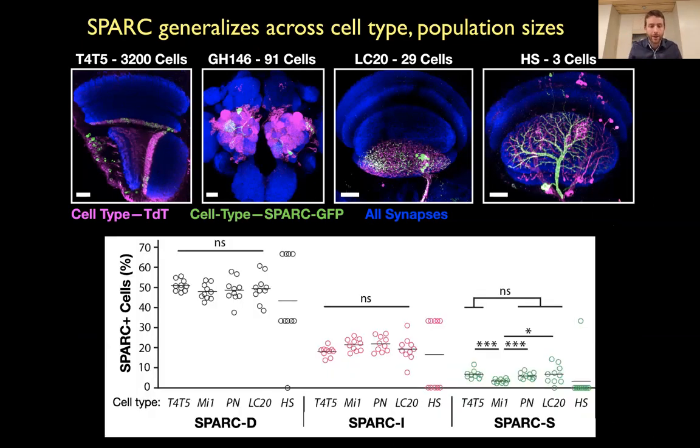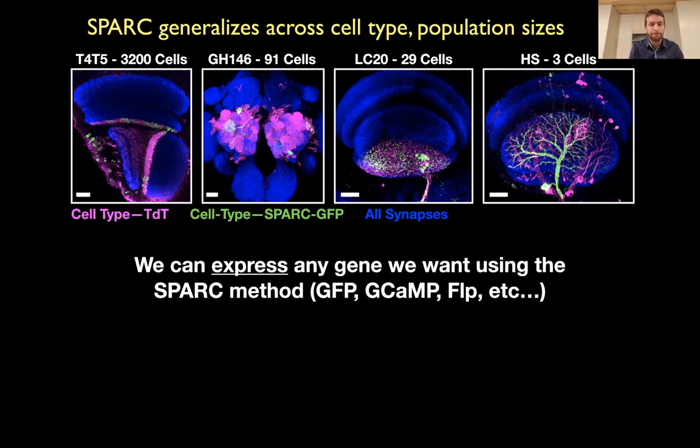And next I'll show you how consistent this is within cell type and across cell types. So on the y-axis down here, I'm showing you the percentage of cells labeled by SPARC, and on the x-axis are different cell types for the different SPARC variants. Each circle here represents a count from an individual brain, and here I hope you can appreciate that SPARC dense labels around 50% of cells, SPARC intermediate labels around 20% of cells, and SPARC sparse labels around 5% of cells.